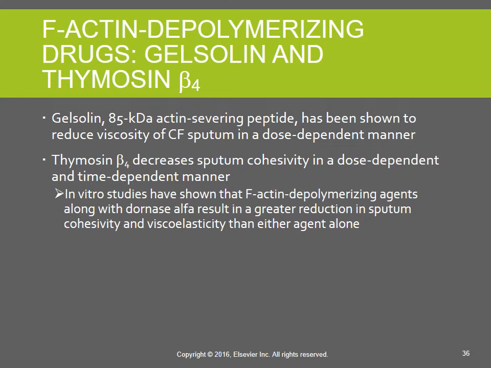Thymosin B4 decreases sputum cohesivity in a dose-dependent and time-dependent manner. In vitro studies have shown that the F-actin depolymerizing agents, along with Dornase alpha, result in a greater reduction in sputum cohesivity and viscoelasticity than either agent alone.